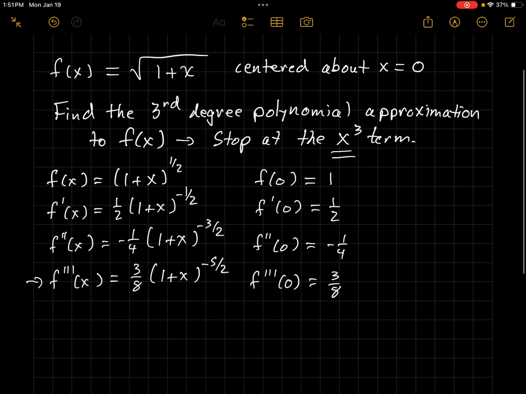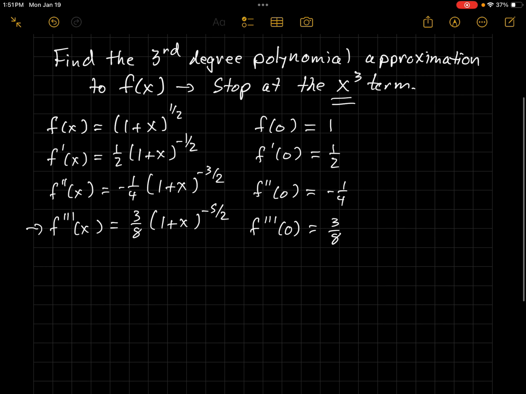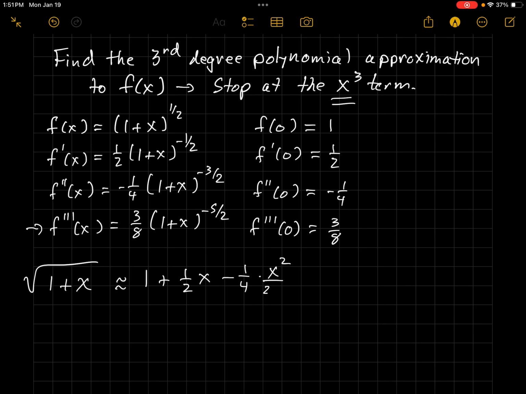And now we can fill in and find our approximation. So the square root of 1 plus x is approximately f of 0 plus f prime of 0 times x minus 0, minus 1/4 times x minus 0 squared over 2 factorial. Don't forget that extra 2 factorial.